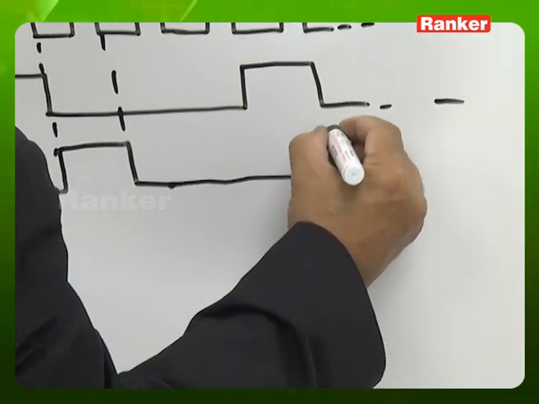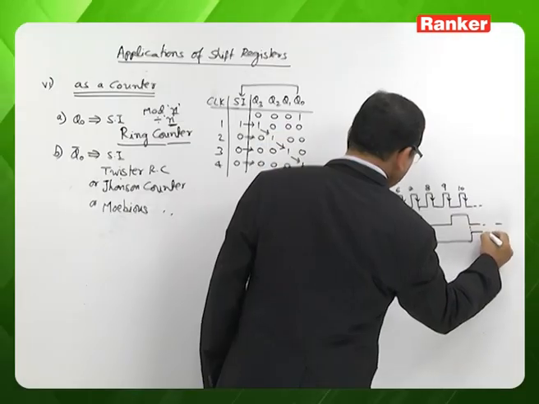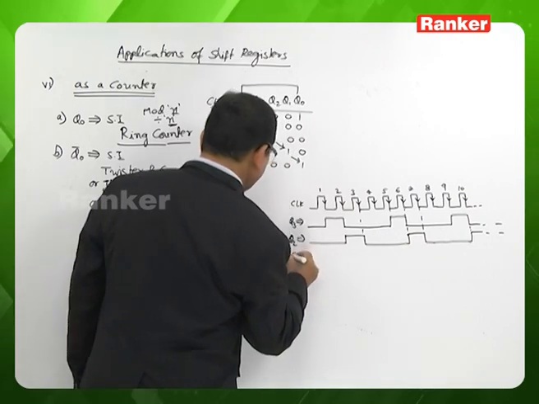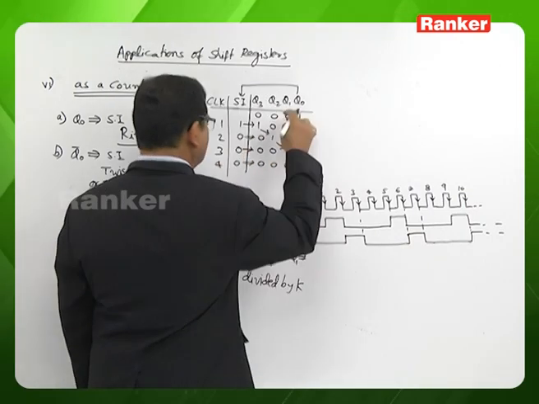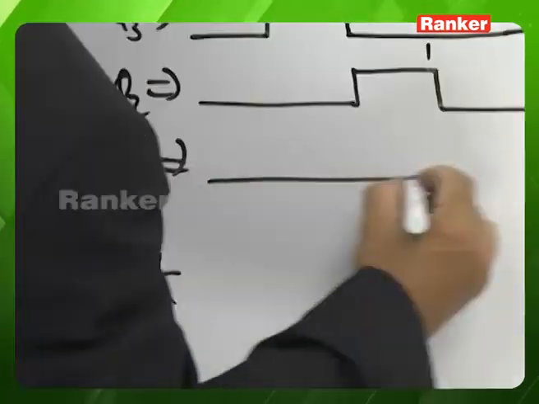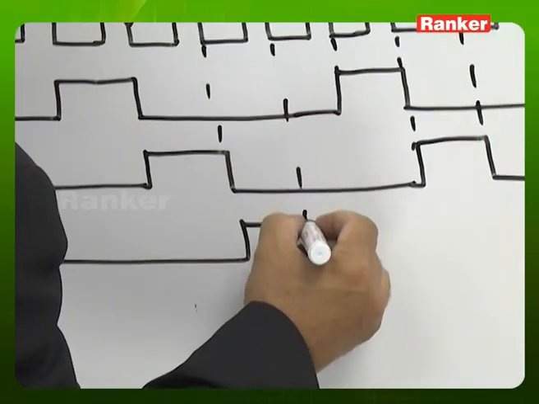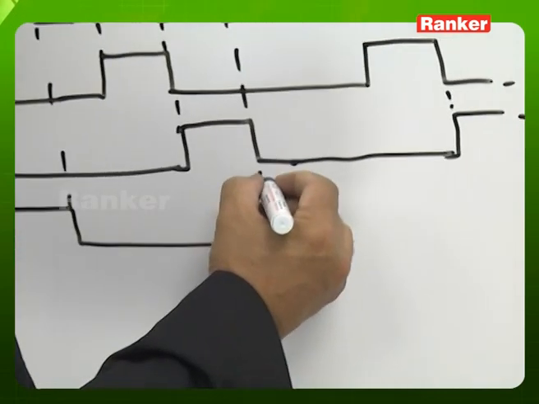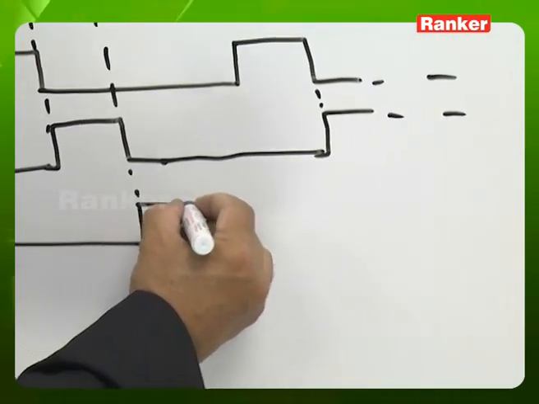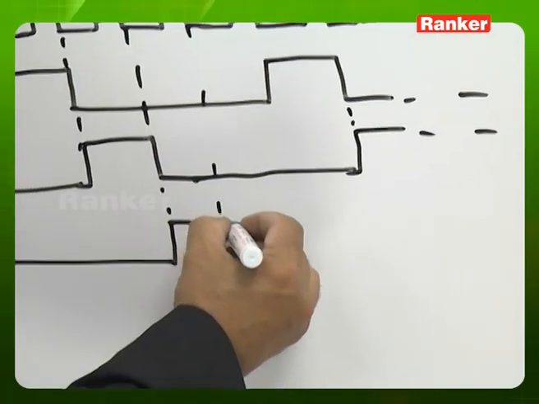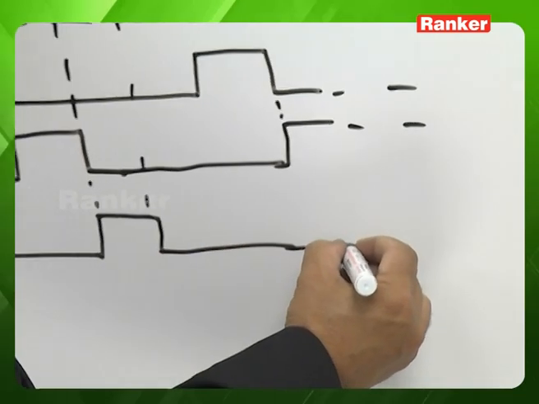After the 10th clock pulse, again 1, and so on. If you look at Q1, initially it is 0 until the third clock pulse. At the third clock pulse, it is 1. After the fourth clock pulse, it comes to 0. We apply further clock pulses. After the seventh clock pulse, it is 1. After the eighth clock pulse, it is 0, and so on.